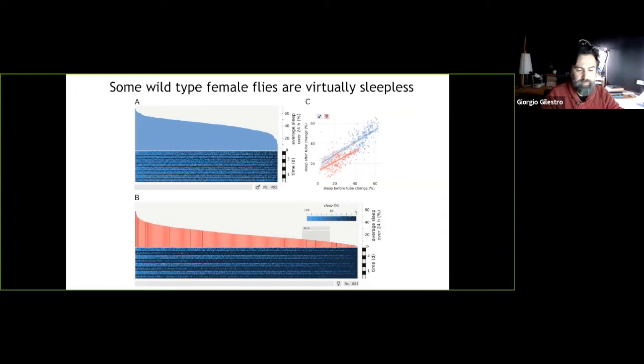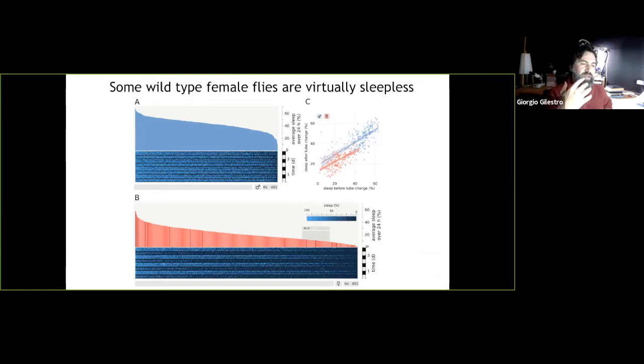And that's puzzling, because then we find the same kind of variability that I talked to you about before in those birds, or in general across species, even within animals which to a certain extent share the same genotype. And so the question is, what is special about these animals that sleep so little?